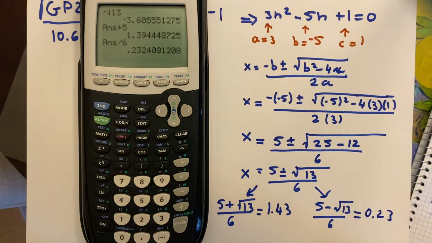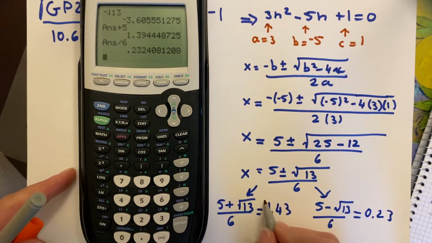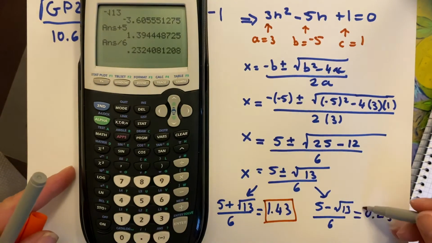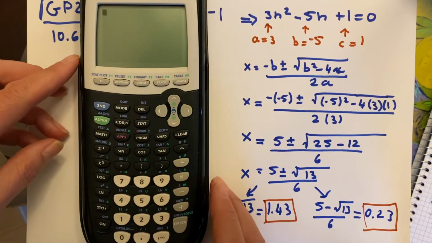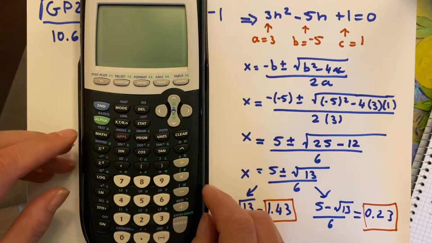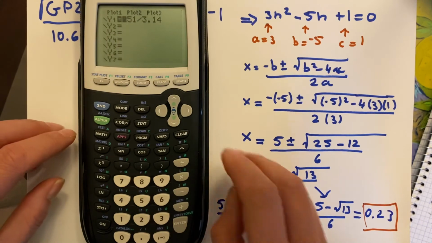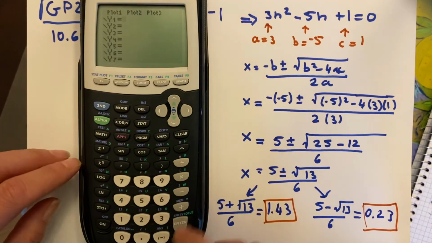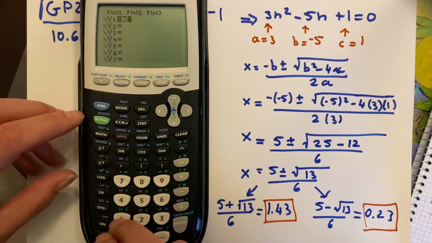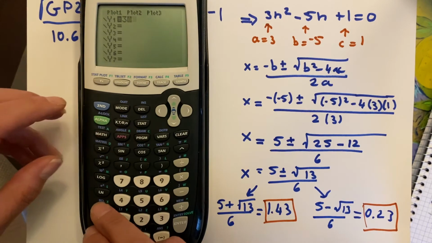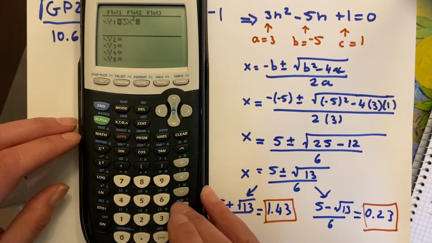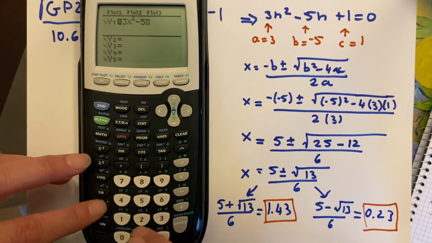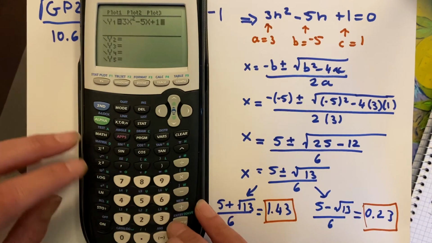So if you had done this correctly, you should end up with the points x equals 1.43 and 0.23. In case, let's see if I can graph it so you can see, if we had graphed this equation like we did last time, y equals 3x squared minus 5x plus 1.